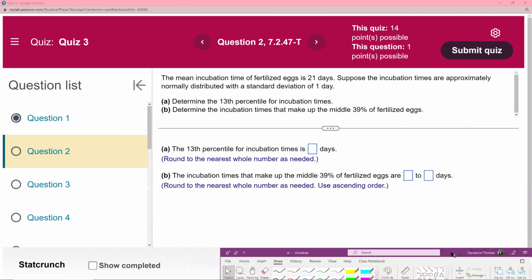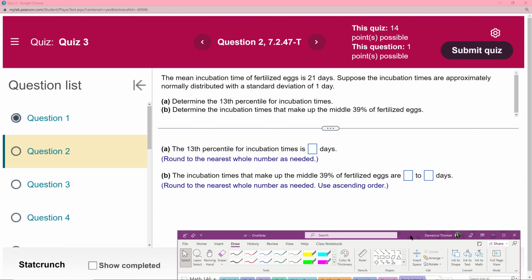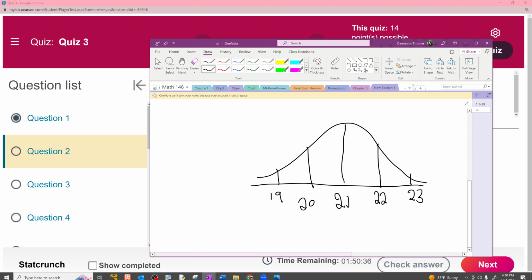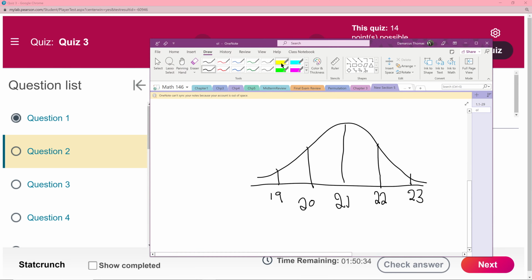And what they want us to do is determine the time for the 13th percentile. That is the lower 13%. So we basically need to shave off this amount of area that represents 13%. We need to figure out what the x is. What number is it that will give us the lowest 13%?